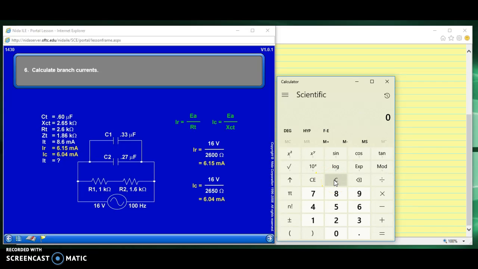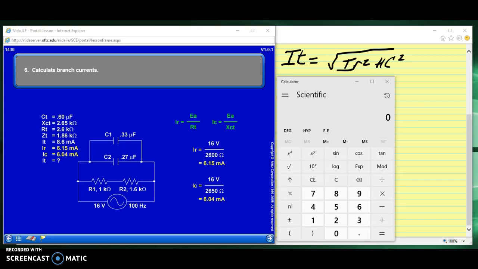Now, to get IT the other way, we're going to use this formula right here, and I'm going to draw it on your piece of paper. IT equals the square root of IR squared plus IC squared.